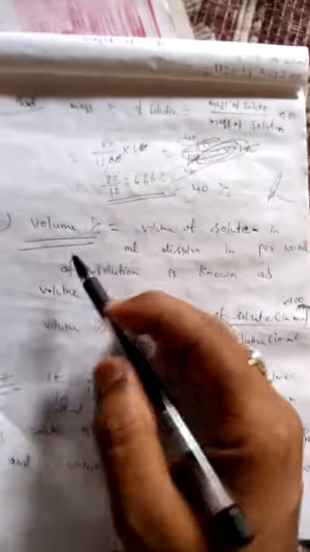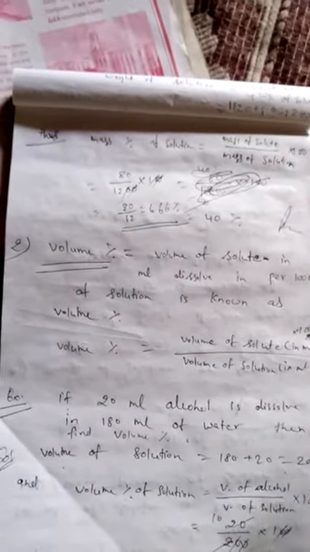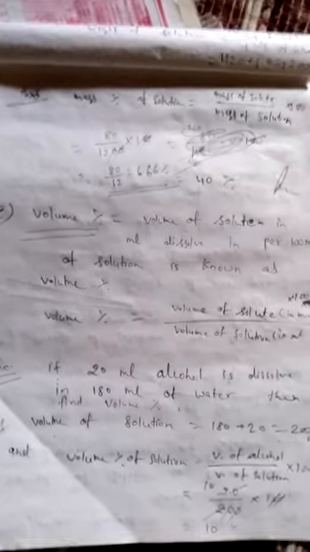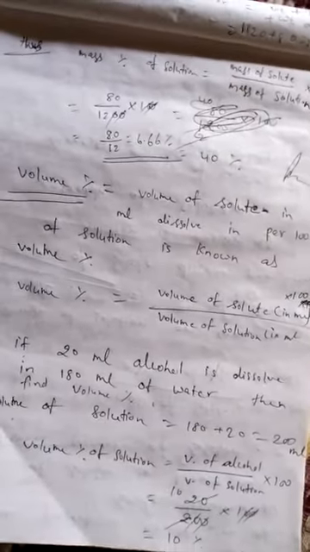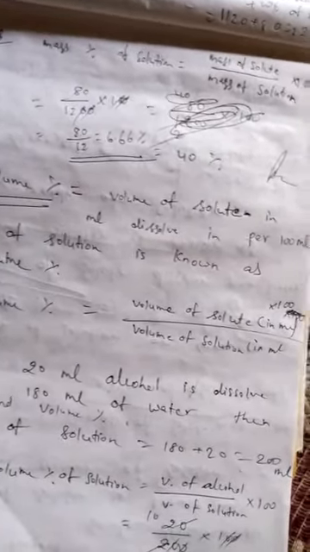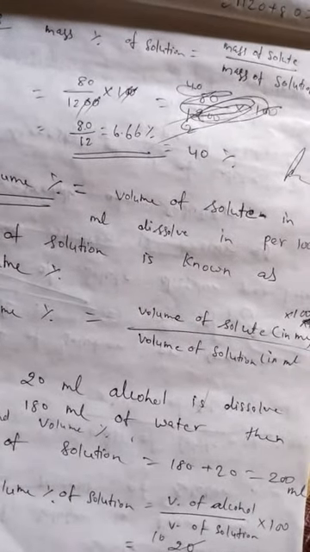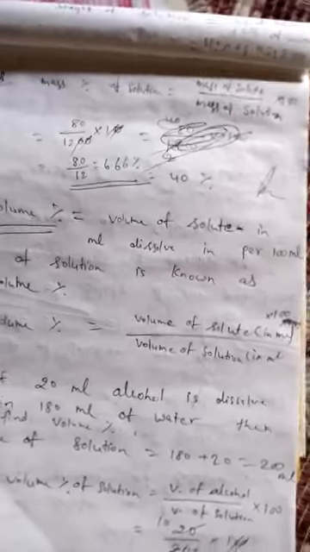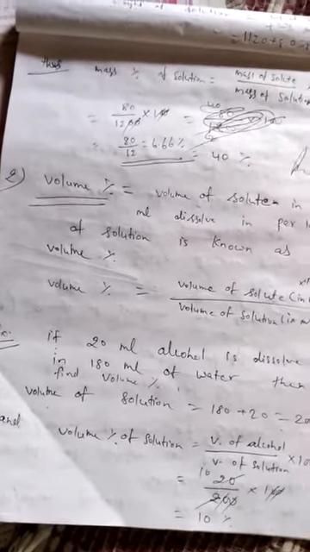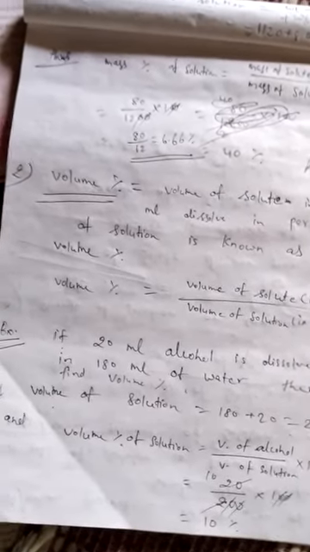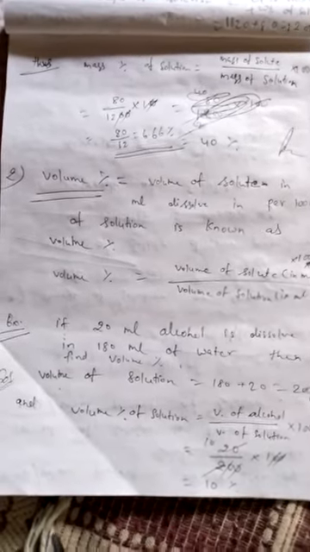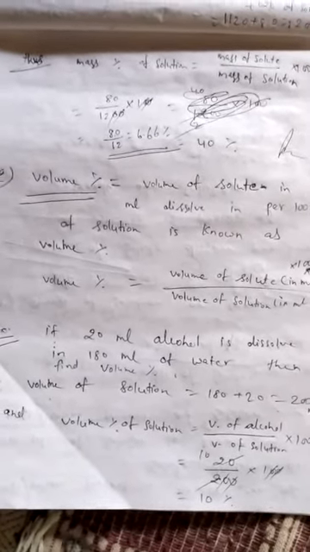Second is volume percent. Here, as we discussed mass, the amount of substance in gram dissolved per 100 gram of solution is known as weight percent. In the same way, we replace mass by volume, and weight percent becomes volume percent.